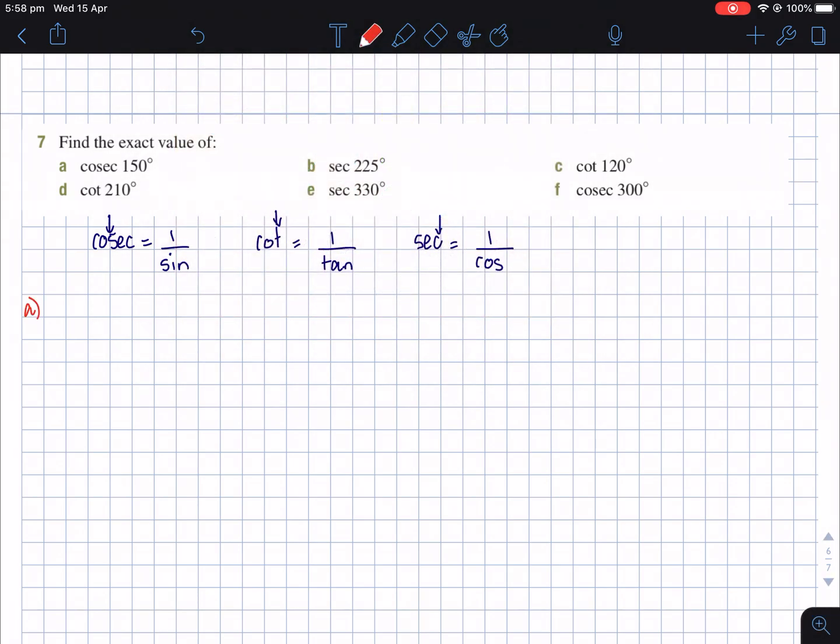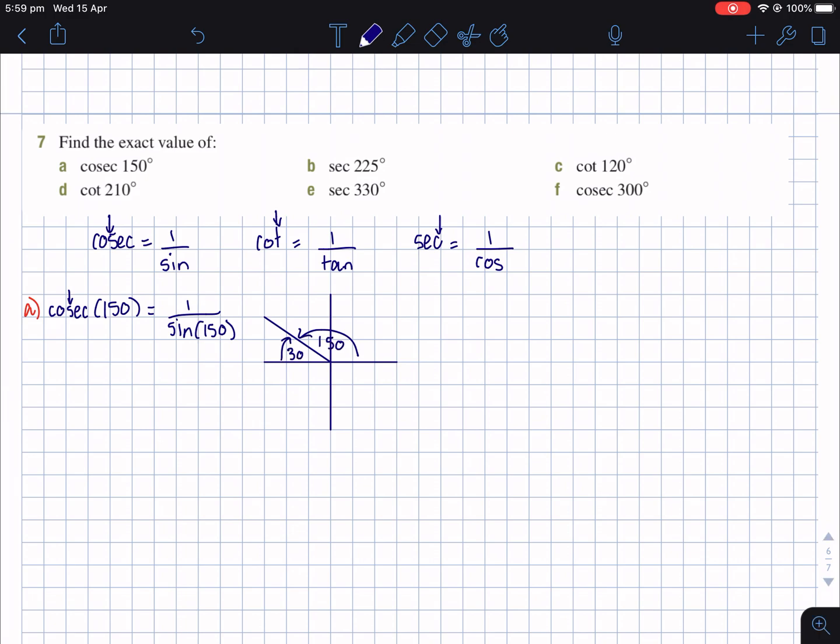So, if we've got cosec 150, if we have a look at that third letter, it's an S, which means it's 1 over sine 150. Now, if I draw this, and I'd like you to get in the habit of drawing, if you're struggling with these, it's a good one to get into. Where 150 is over here. So this is 150, this is 30.